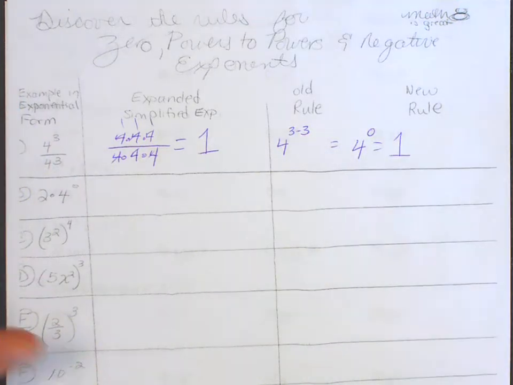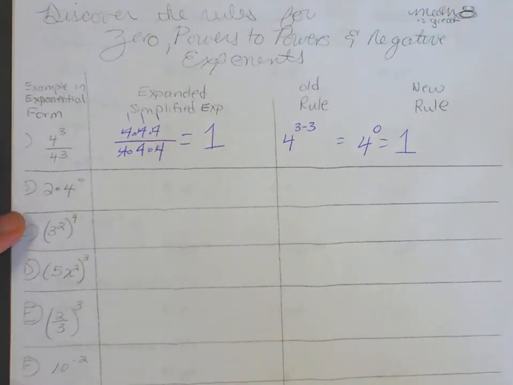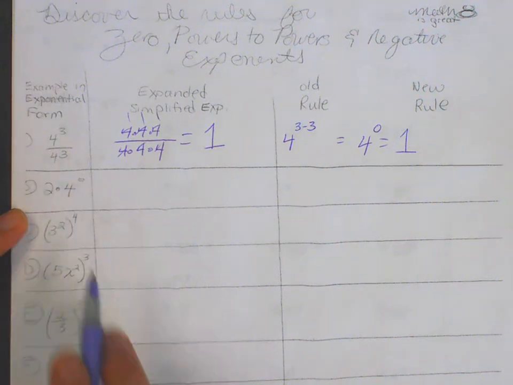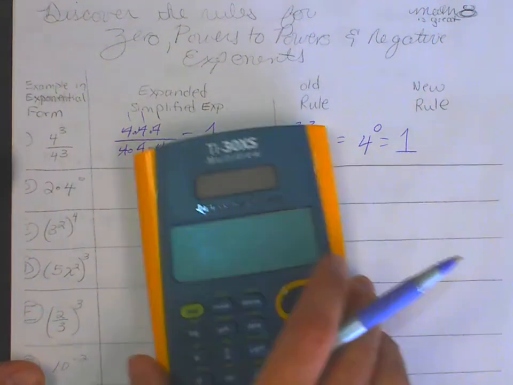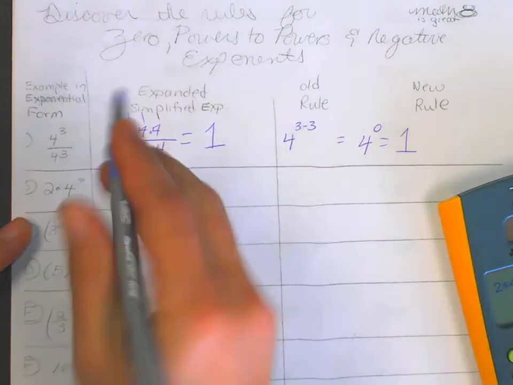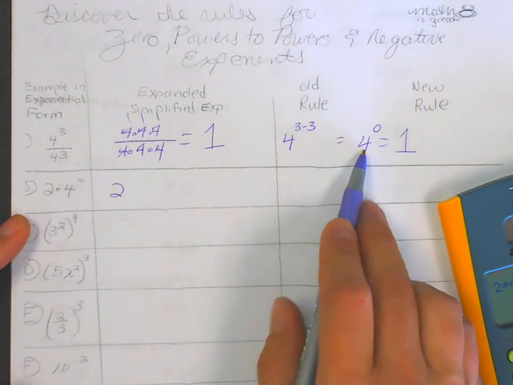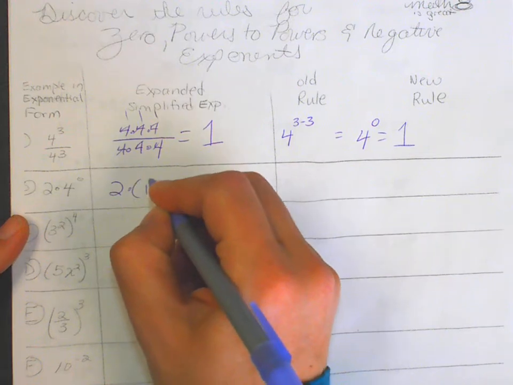I don't think I have to figure out this rule. I think I already know it. How about this time you just put it in the calculator? If you put this in the calculator, what do you get? 2 times 4, caret 0, enter. It says it's 2. You know why it's 2? Well, we already know 4 to the 0 is 1. We just discovered that a second ago.